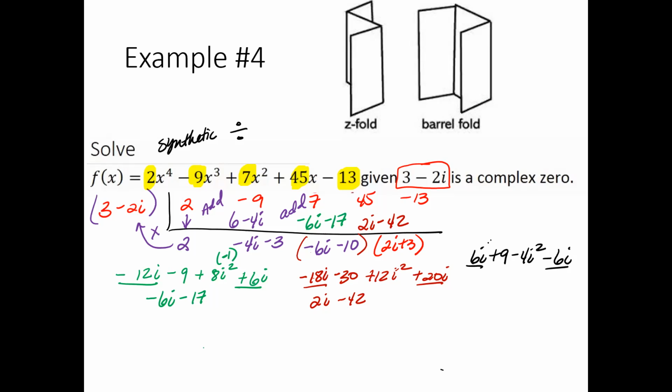Combine like terms. Oh, guess what? That cancels. Woohoo. i squared is a negative 1. So negative 1 times negative 4 is a 4. 4 plus 9 is a 13. So 13. And then if you add it, guess what? You get a 0 for your remainder. I know, you're like, holy crap, that was a lot of work. And I totally agree.